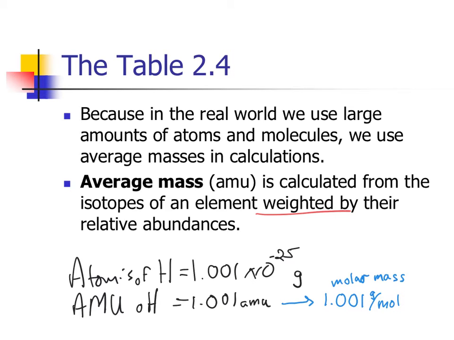The molar mass is just another term for atomic mass or molecular mass that deals more with the mole. That becomes very helpful later on. But for now, AMUs are the route to take, and again, they're a weighted average based on their relative abundance.